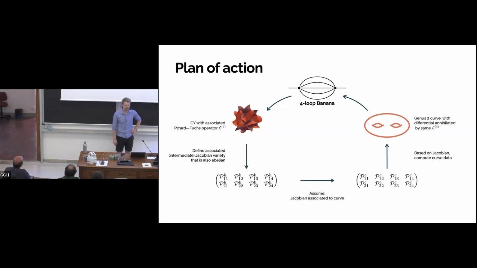For some things, yes. For others, it becomes more trivial. I will get to that at the very end, like how well this generalizes and where you might run into trouble. But for Calabi-Yau threefolds with one or two parameters, you should be fine.